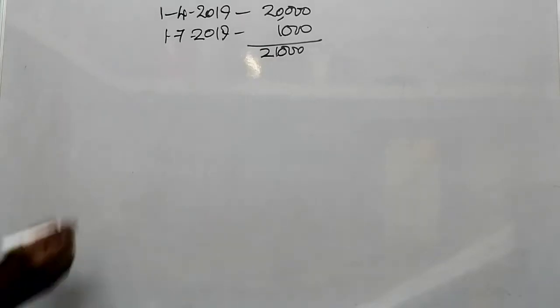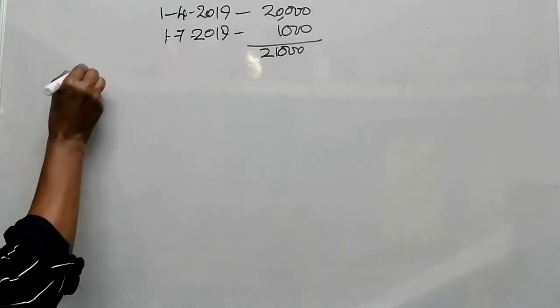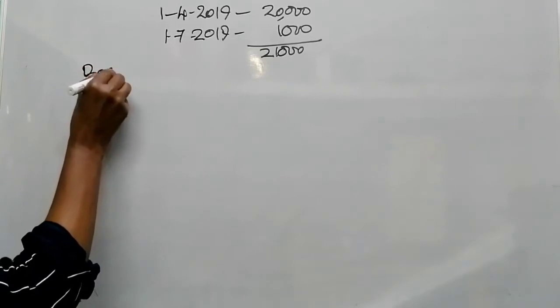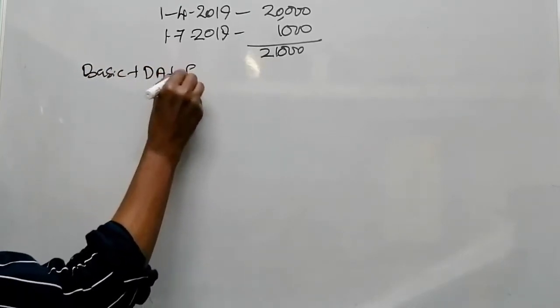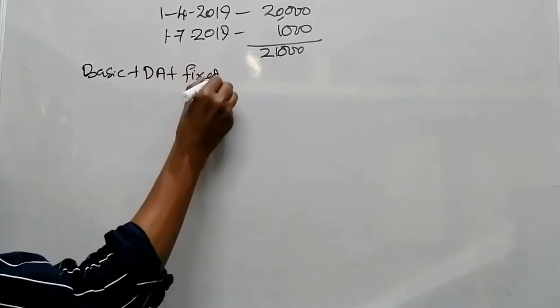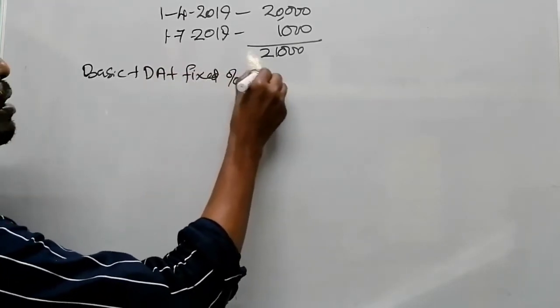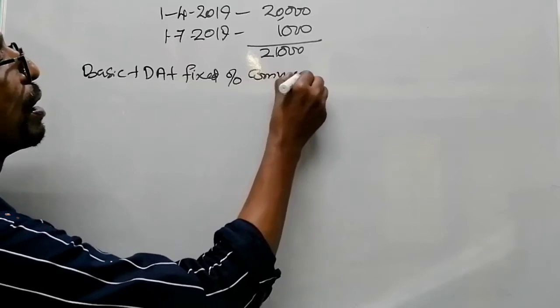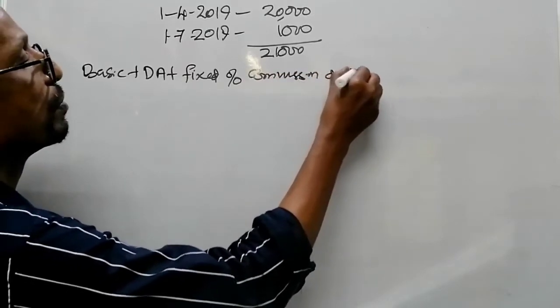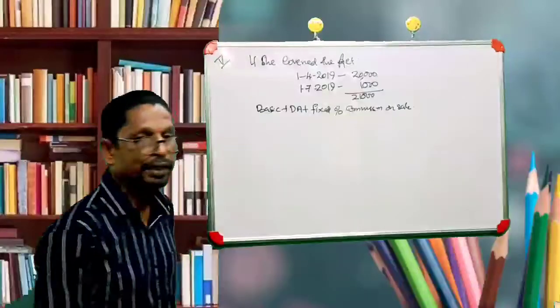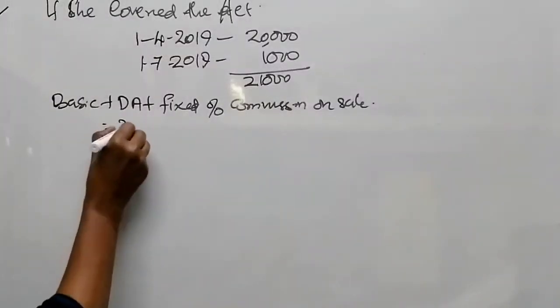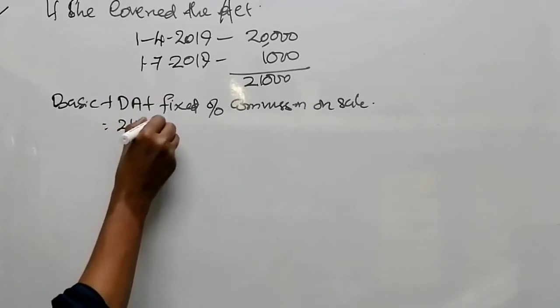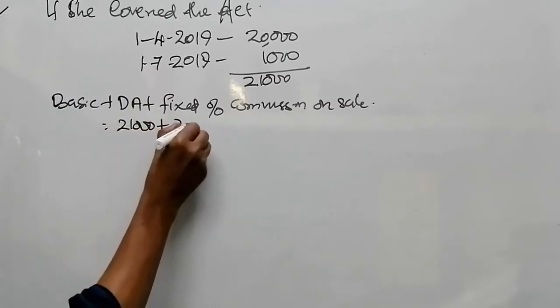This, her monthly basic pay, rupees how much now? 21,000, and again here salary means basic pay plus DA plus fixed percentage commission on sales. The commission is not given here, therefore how much salary here? 21,000 plus 2,000, that means DA.